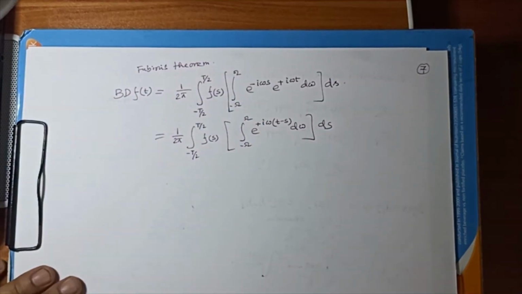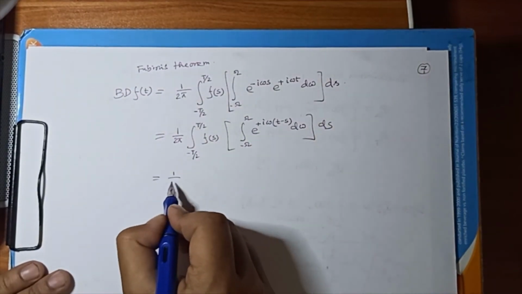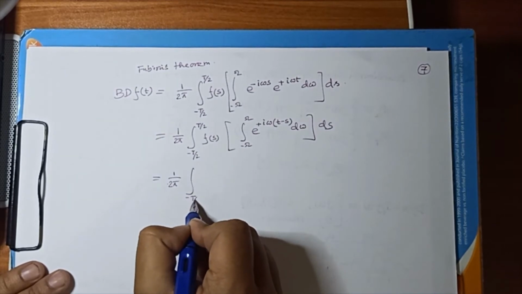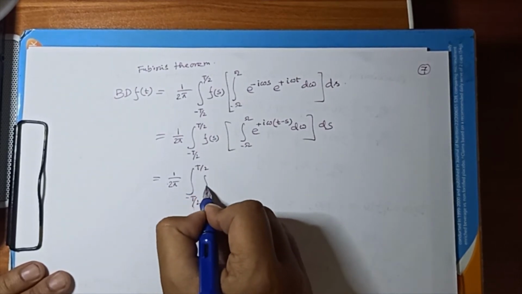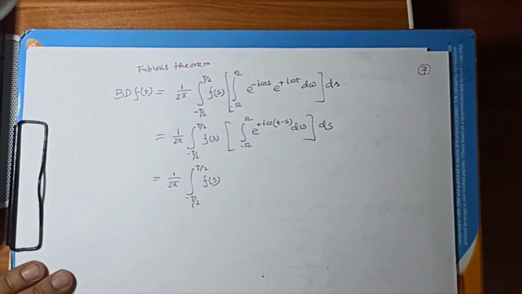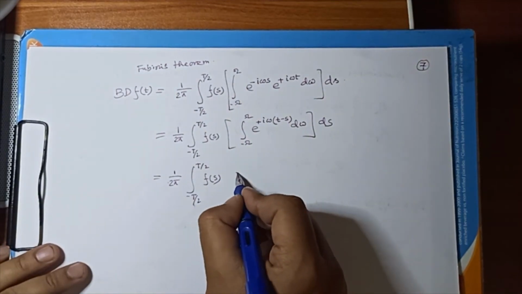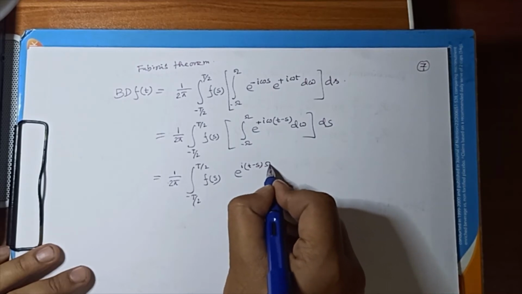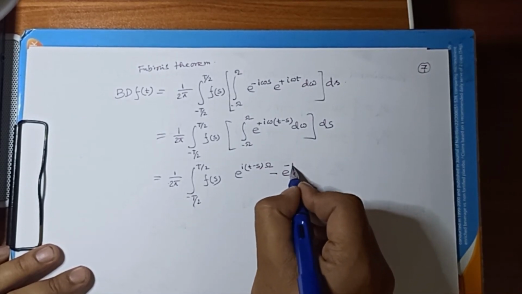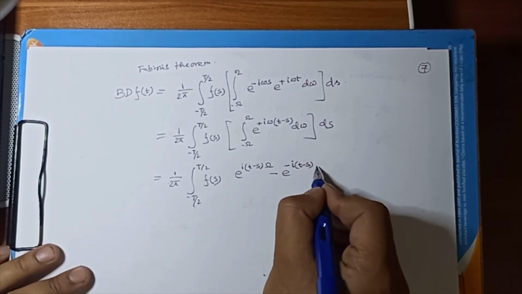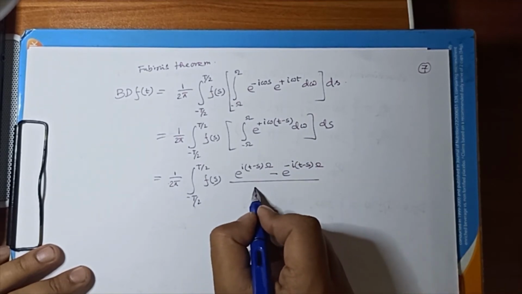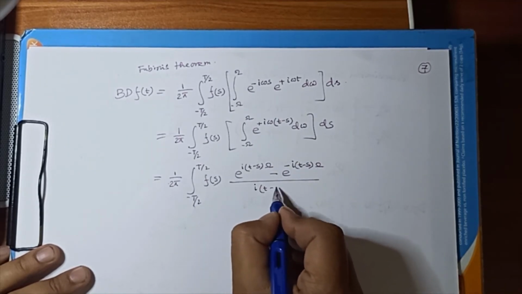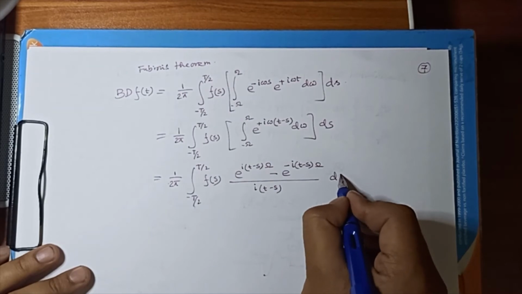So this is a known integral, right? So 1 by 2 pi, minus t by 2 to t by 2, fs. This is e to the power I t minus s omega minus e to the power minus I t minus s omega, divided by I t minus s, ds.